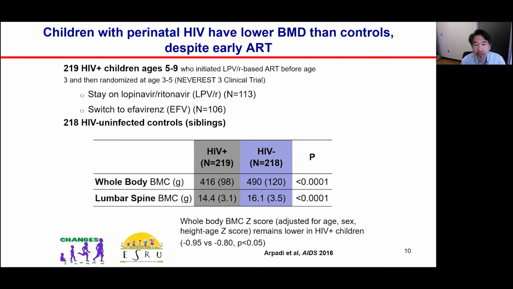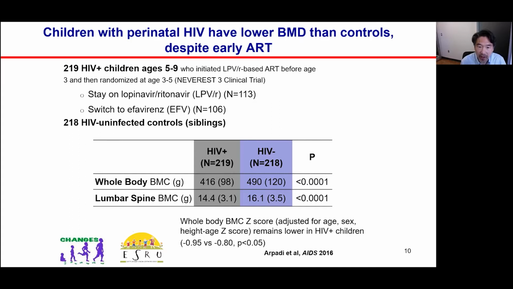These children had been part of a randomized clinical trial and started on therapy early, before the age of 3, and were continuously on antiretroviral therapy. We recruited uninfected controls from their siblings, so they had very similar environmental exposure other than the HIV infection.